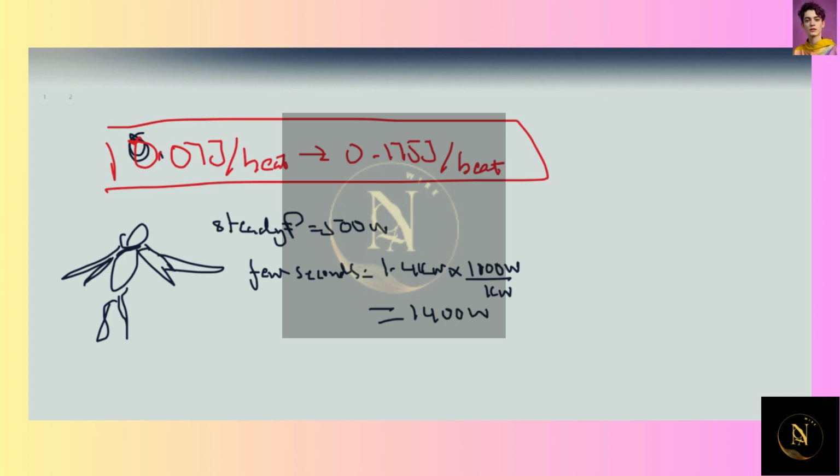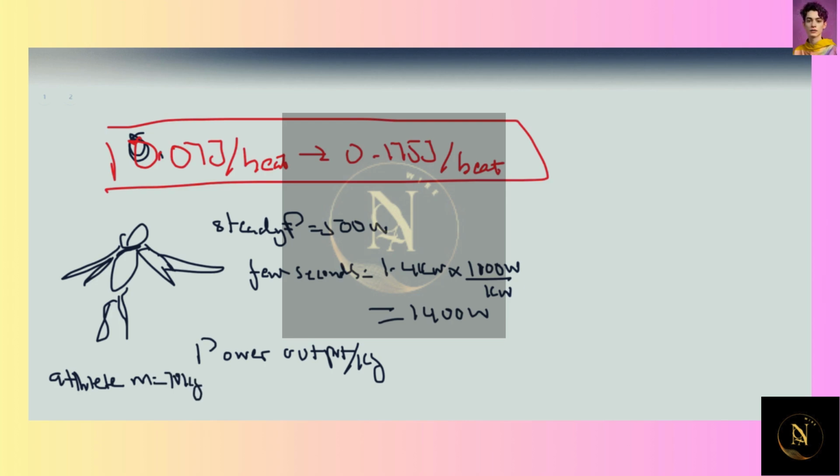We want to get the power output per kilogram. The size of the human being is like an average human being, an athlete. This is an athlete that has a mass of 70 kilograms.